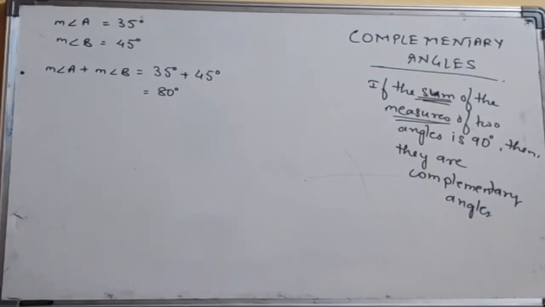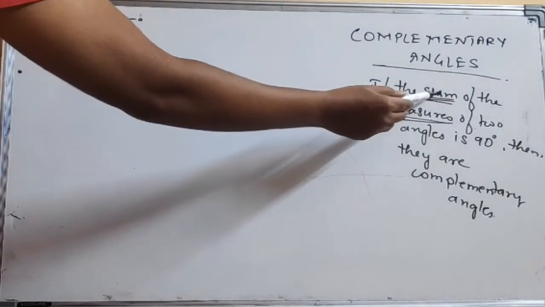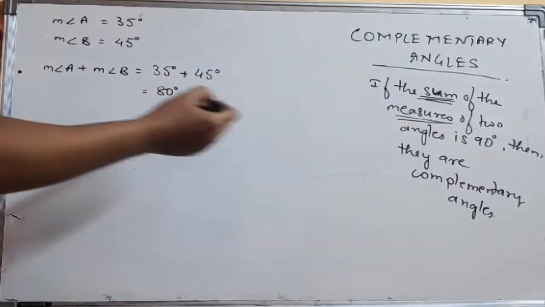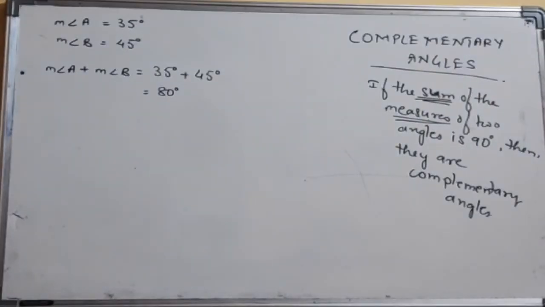Now students, when can we say that these two angles are complementary? These two angles are complementary when the sum of the measures is 90. Now is the sum of the measures 90? No, it is 80.